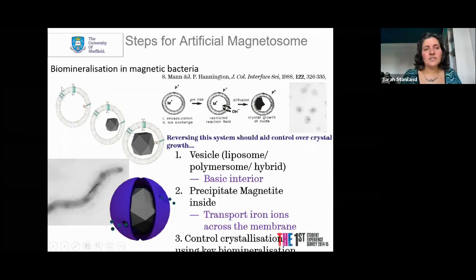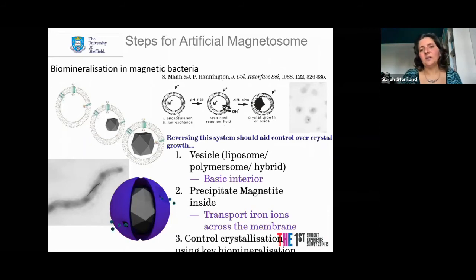So we know that the magnetosome is this lipid vesicle, and then you grow the magnetite within it. And this is not the first time this was proposed. This is actually part of a paper from Steve Mann and co. from the very early 80s when the magnetic bacteria were first discovered, and he was looking into compartmentalization.